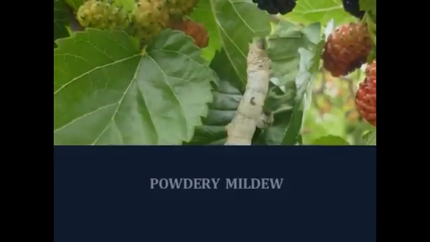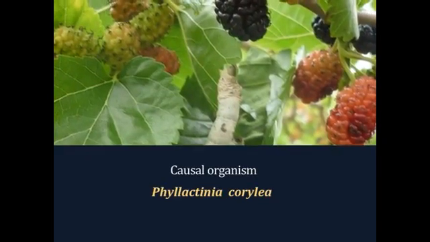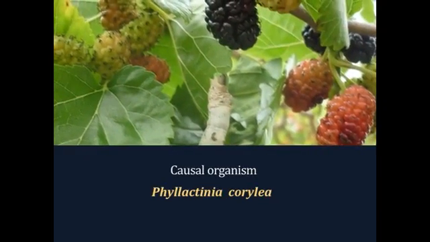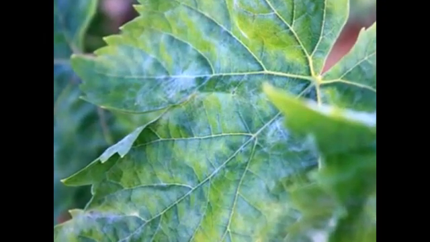Next important disease is the powdery mildew. The causal organism of the disease is Phyllactinia corylea. Now let's see the symptoms of the disease. This disease can be easily identified by the appearance of white powdery patches on the lower surface of leaves. As the disease advances, the patches spread to the entire leaf surface and turn blackish in color.